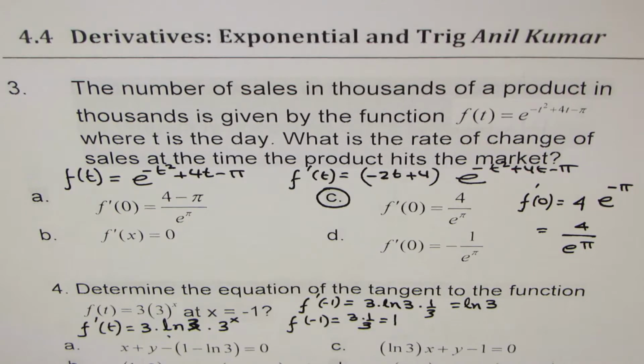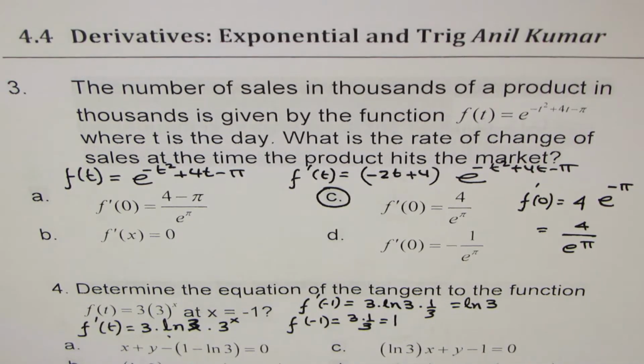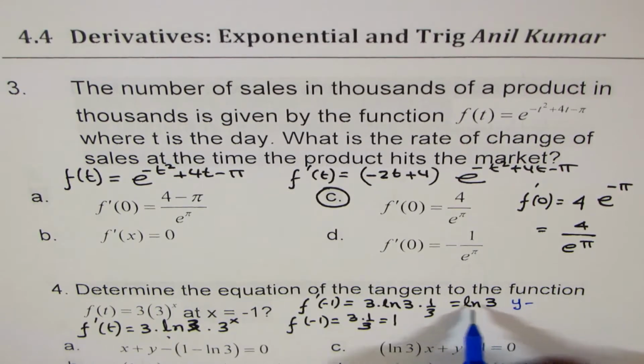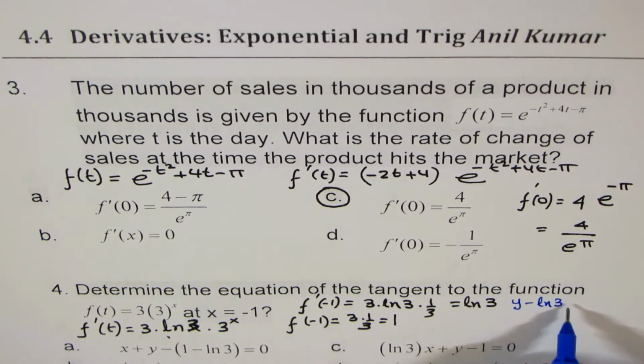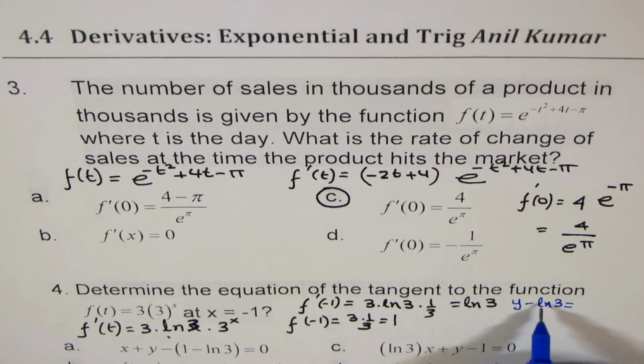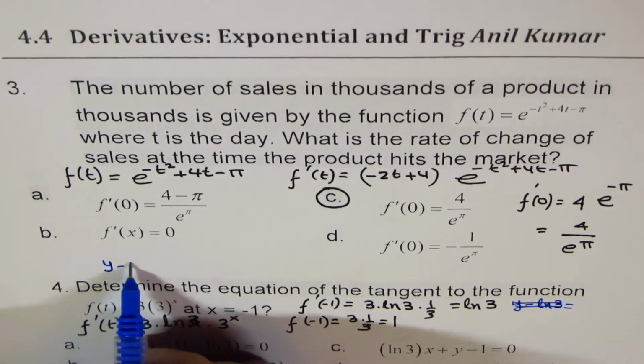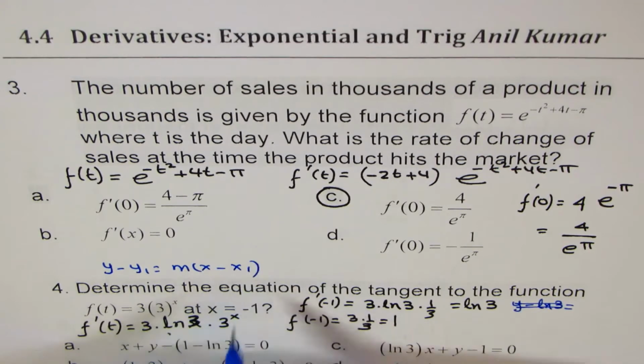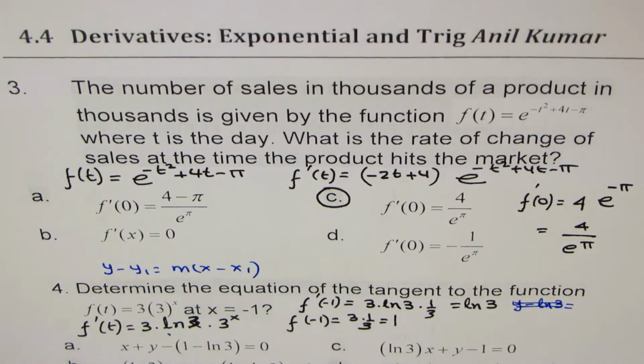So we're looking into these equations. I would like to use the formula y minus y1 to find the equation of the line. So we have y minus y1, which is 1. We are using the formula y minus y1 equals m times x minus x1, because it's kind of given in standard form.